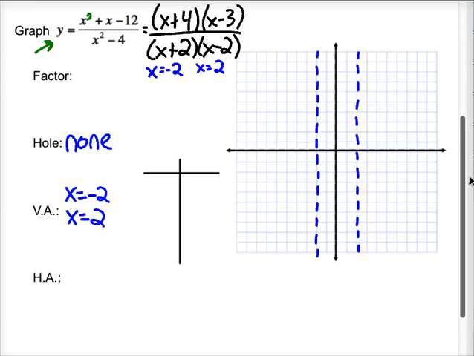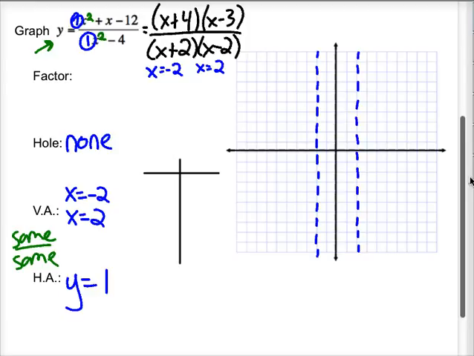So I'm going to compare that. Degree 2 over degree 2, well, that's our same over same case. So that means we need to take the ratio of those leading coefficients. So 1 over 1 is going to put our horizontal asymptote at 1.